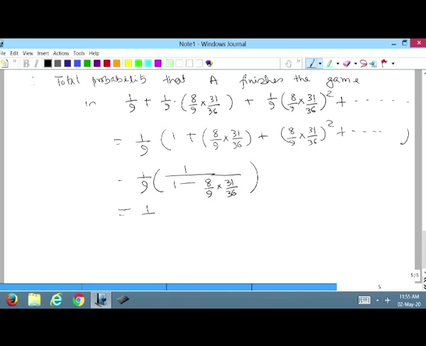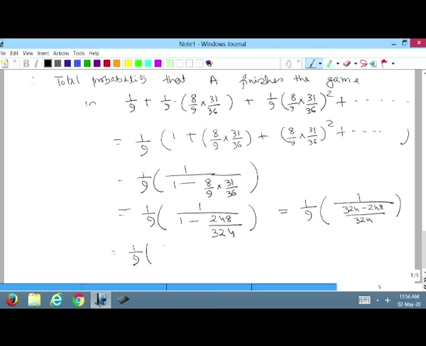This is 1 by 9 into 1 upon 1 minus 248 upon 324, which is 1 by 9 into 1 upon (324 minus 248) upon 324, which is 1 by 9 into 324 upon 76, which is 36 upon 76, which is 9 upon 19.